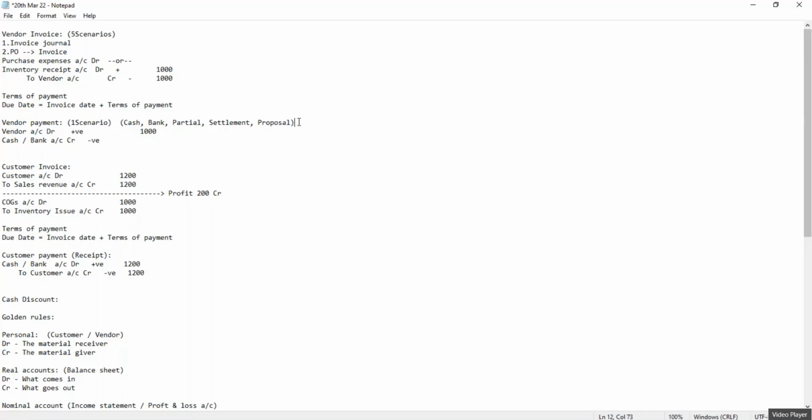So these are on one screen only, 5 parts. While doing this, you can do partial payment, settle against invoice, or payment proposal.